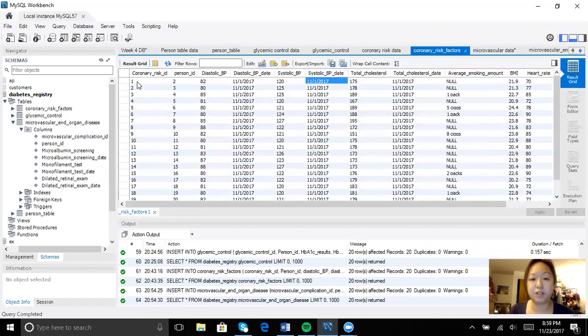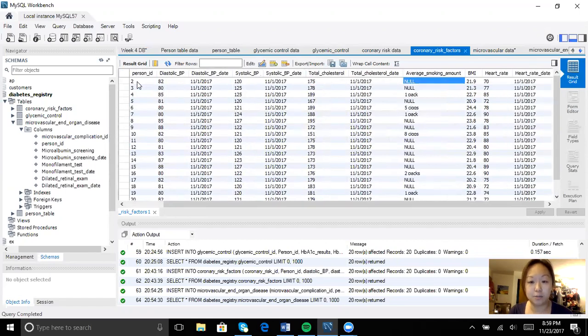The date their blood pressure was taken, everything was done on November 1st. I figure that's probably the 1st of the month is a good date to start collecting data. So for Tom Brady, he has 120/82. Total cholesterol is 175. He does not smoke, so that's a null value.